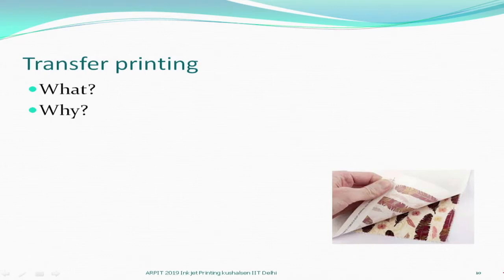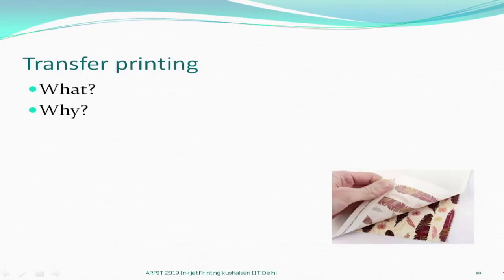You can say complete printing has taken place on a paper, but on textile it is being transferred from a paper or any other medium which is used for transferring. So, that is what it is, right. Paper is, let us say, printed first and then you transfer it onto a textile.